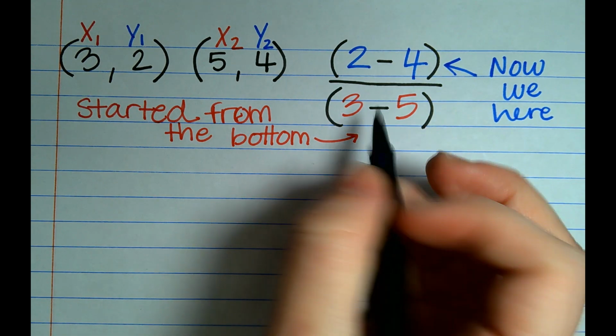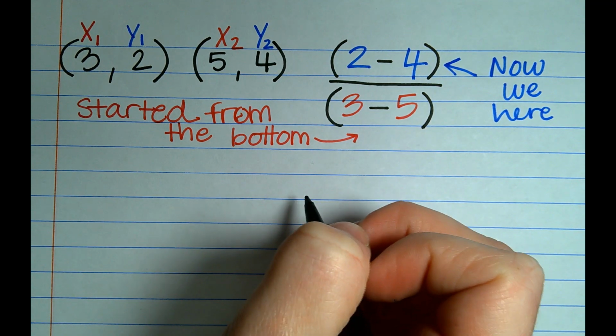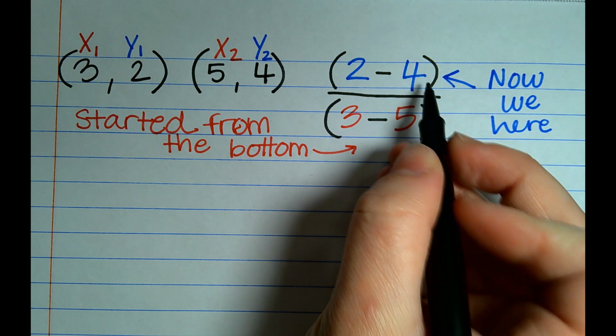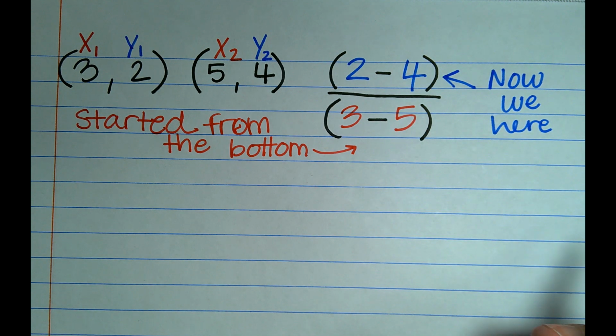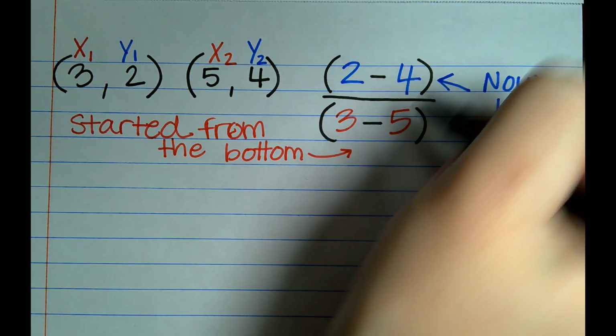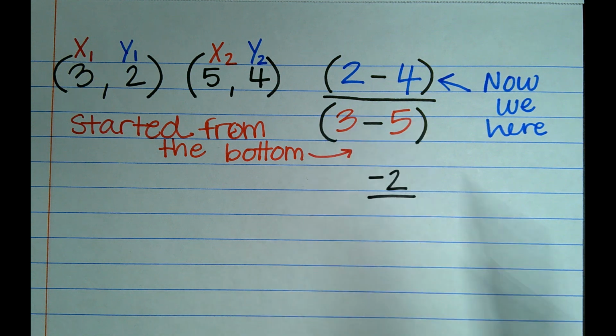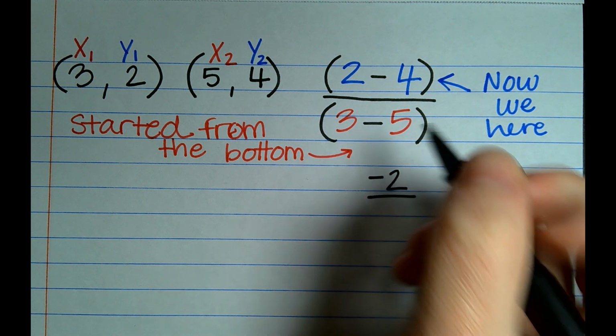I forgot. We still have to solve it. What's 2 minus 4? -2. If I start with 2 and I take away 4, I've crossed over 0. So I've got -2 over, what's 3 minus 5? Also -2.